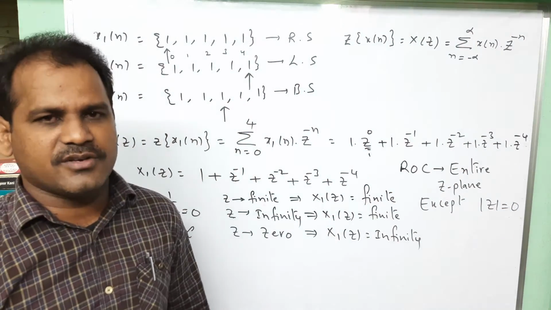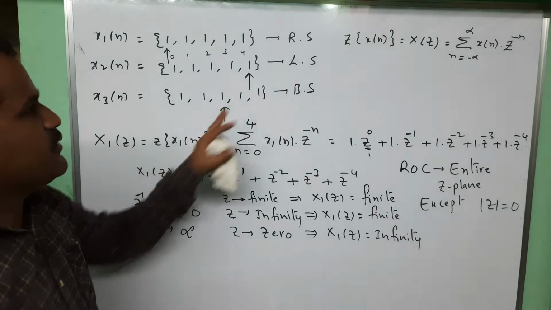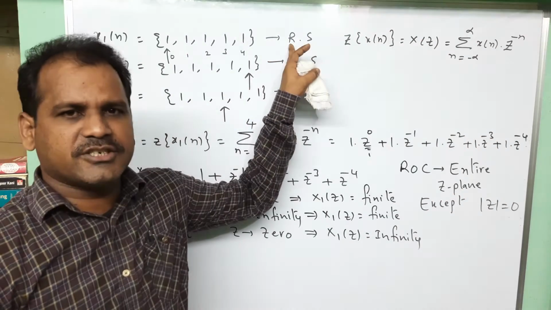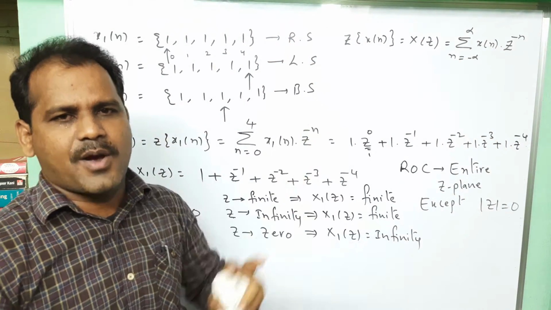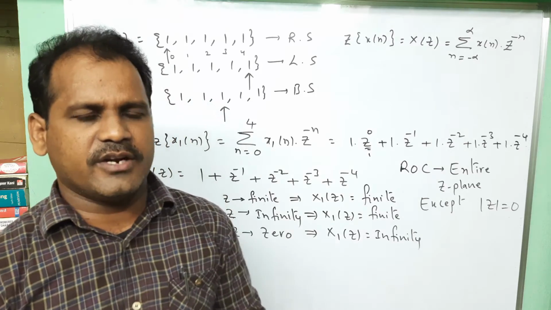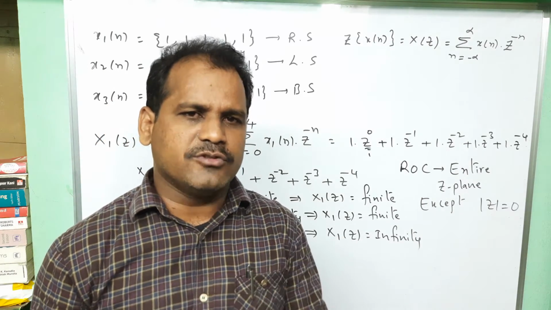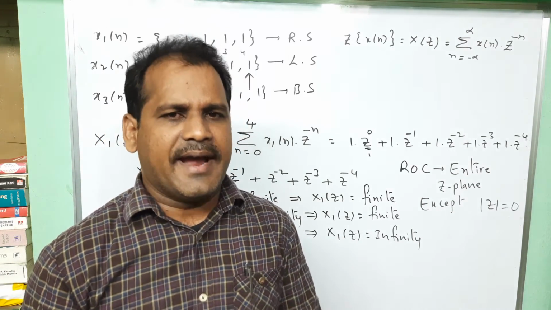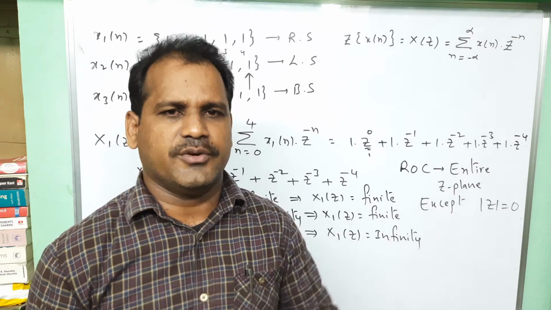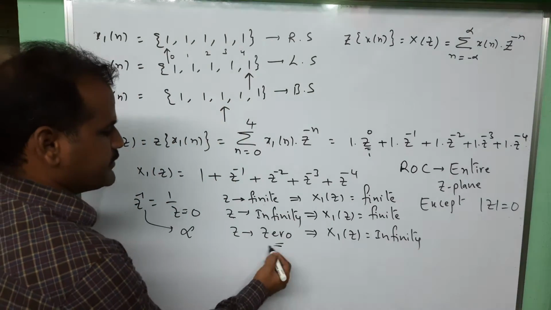This is the ROC of x1 of z, which is a finite duration right-sided sequence. That is the property of ROC: for a finite duration right-sided sequence, the ROC should be the entire z plane except mod z equal to 0. That is what we have concluded.